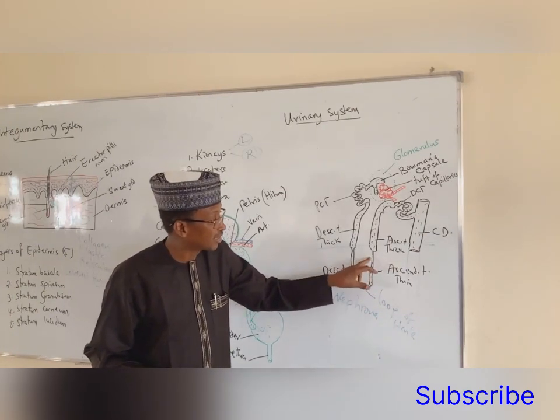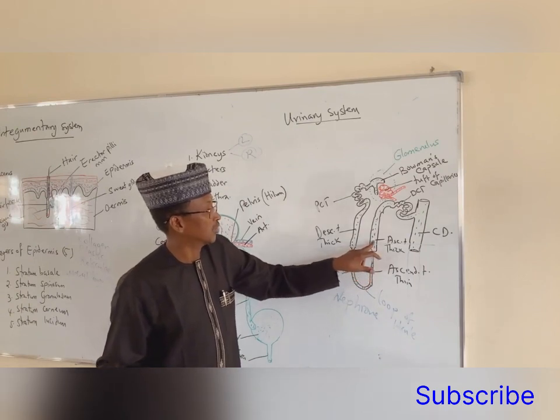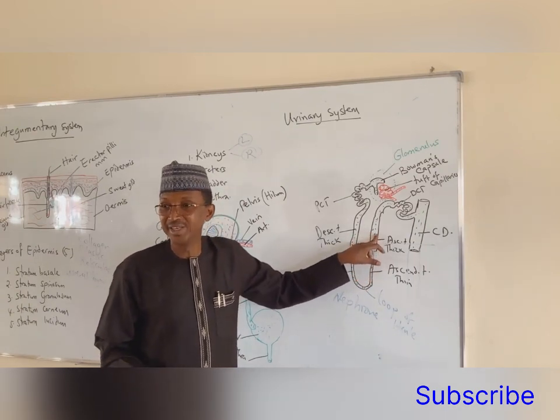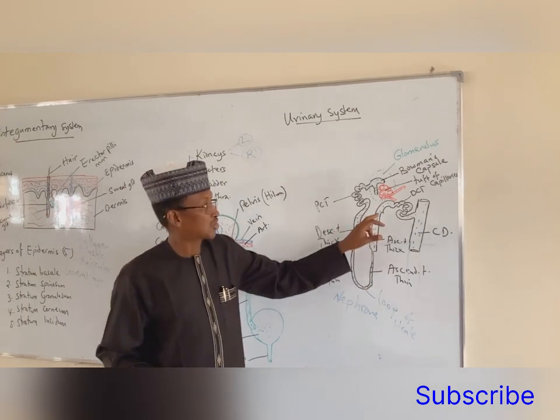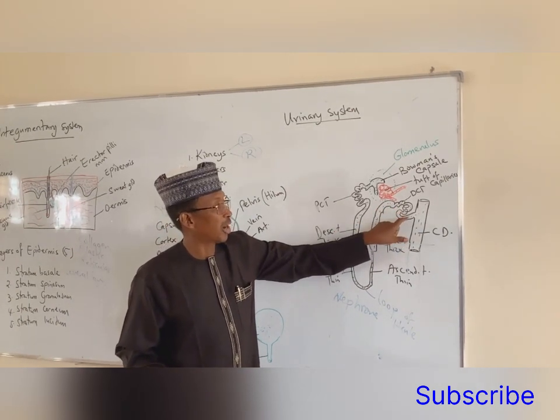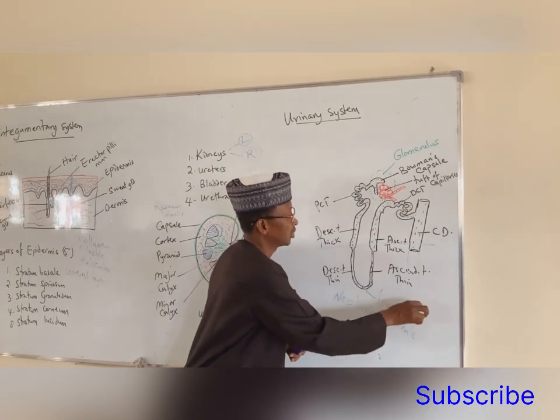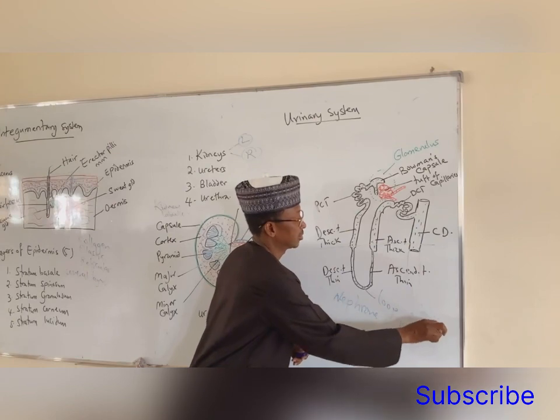Then you have the ascending part of the loop of Henle, and this continues into the thick ascending distal tubule, which finally enters into the distal convoluted tubule, and this tubule connects with what we call the collecting tubule.